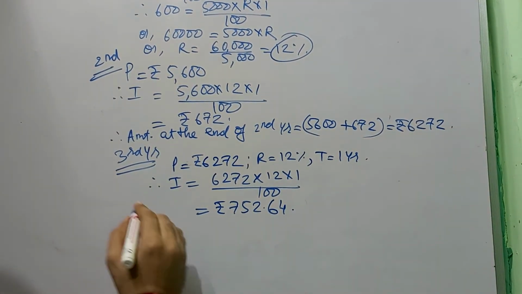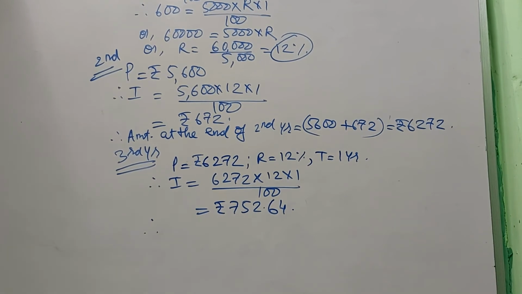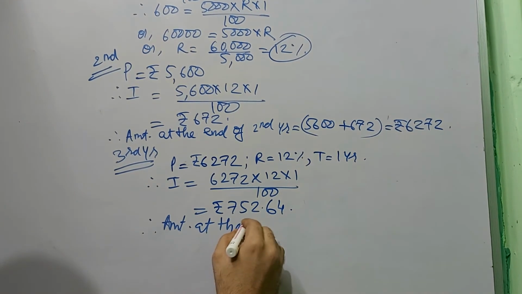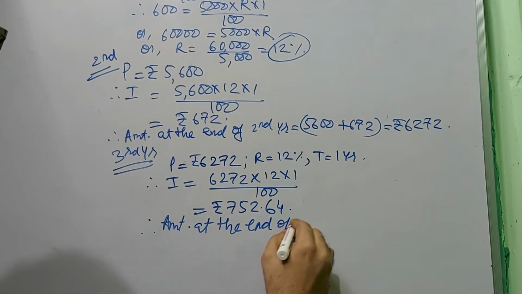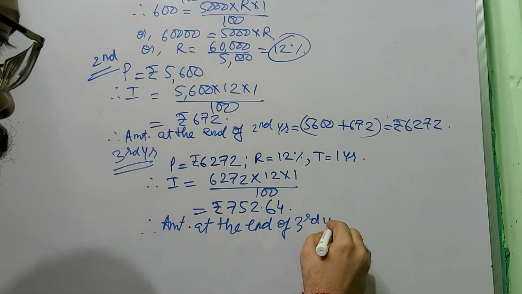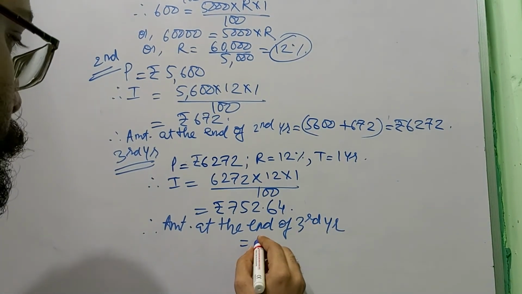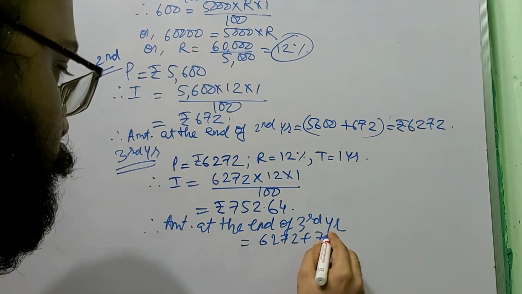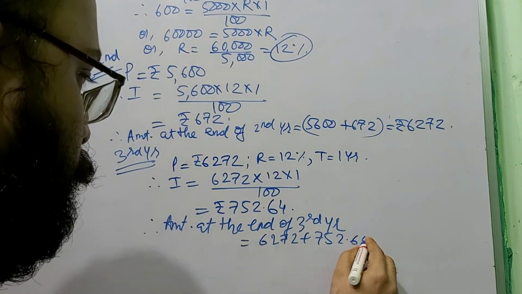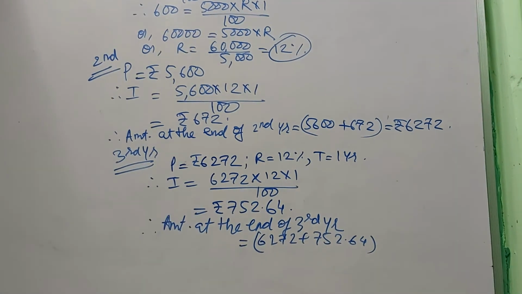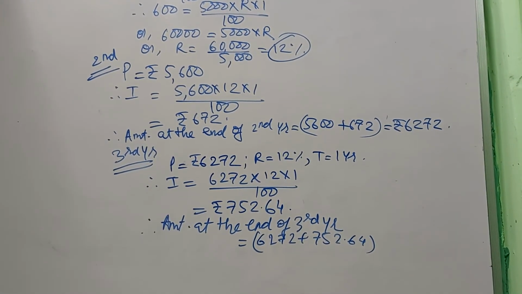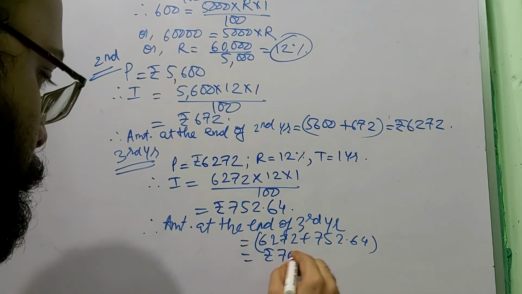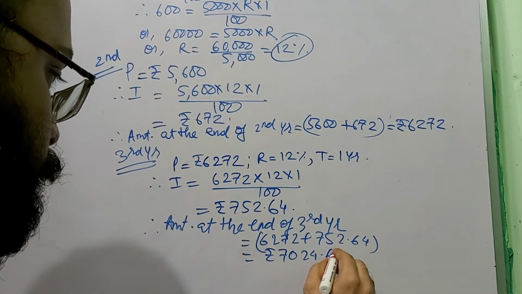So at the end of third year, what will be the amount? Amount at the end of third year is 6272 plus 752.64. It becomes 7024.64.